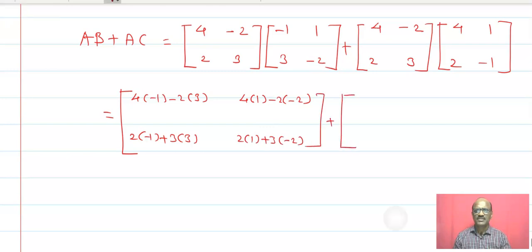plus first row, first column, first row, second column, second row, first column, second row, second column.